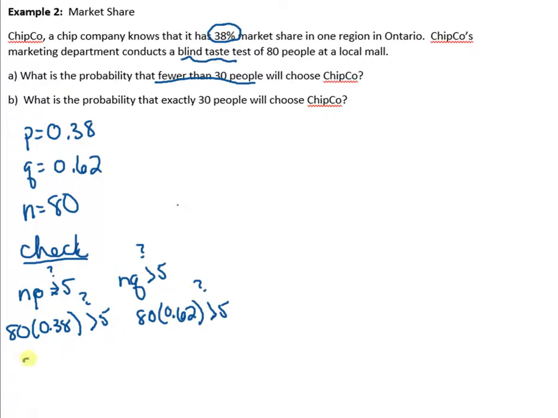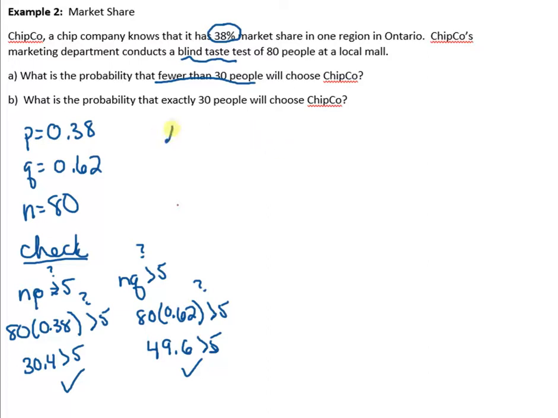So for the first one, I get 30.4, and indeed that's greater than 5. And for the second one, of course, 62% is going to be greater than only 38%. So we get 49.6, and again, indeed, that is greater than 5. So what this is telling us is that we are able to use the normal approximation.